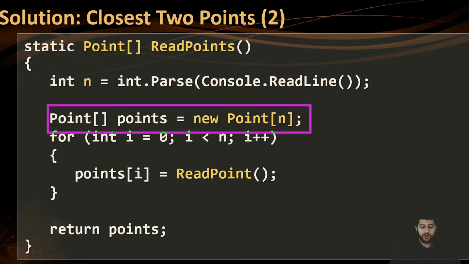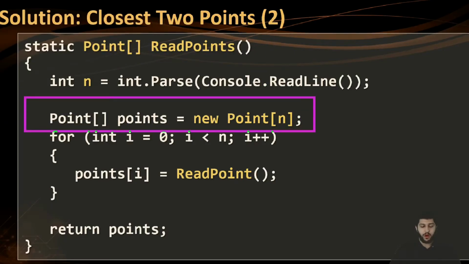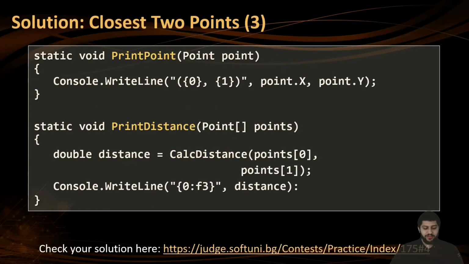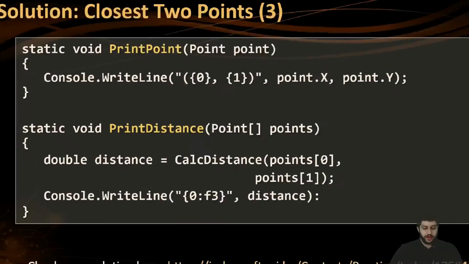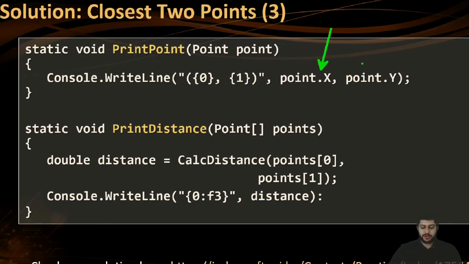So using the read points method, we populate our points array, which are the points given to us from the console, and using the read point, we read each individual point. After we find the result, we print the x and y coordinate of the 2 points that are closest to each other, and we print the distance between them.